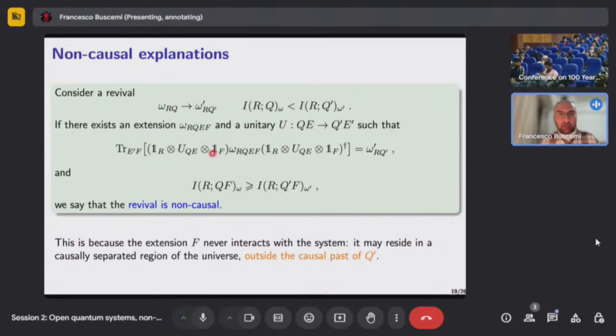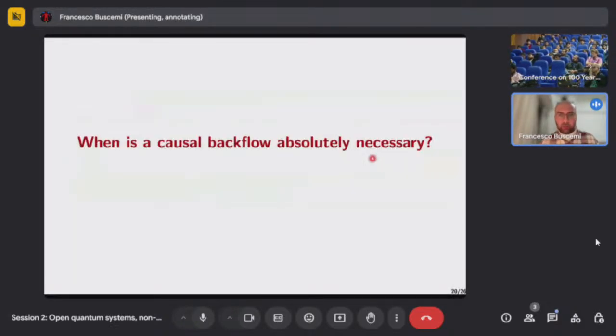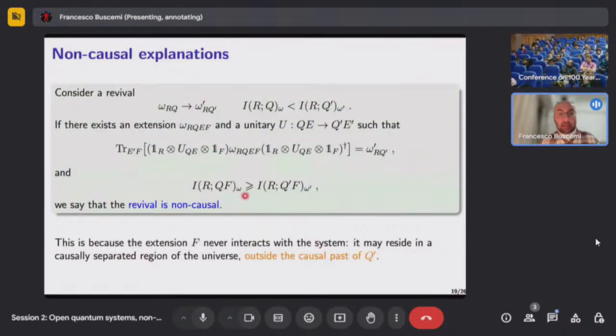And this extension with the unitary gives you an extension of the state at a later time, sorry. And it's able to explain the revival that you observe. So it's able to naturalize this violation of locality and bring it back into the range of validity of the data processing inequality, we say that the revival is non-causal.